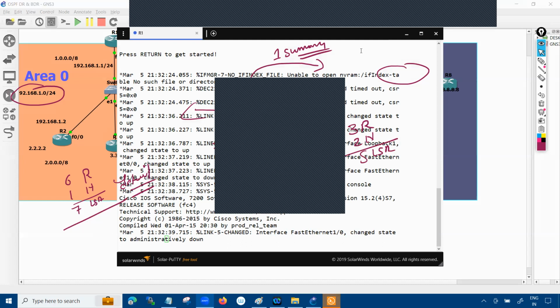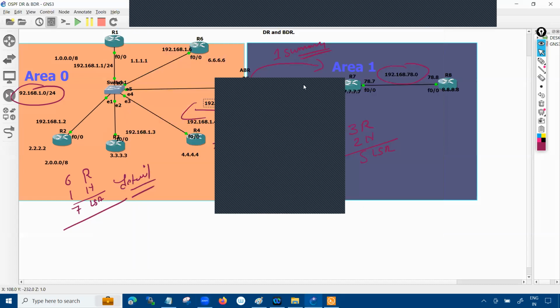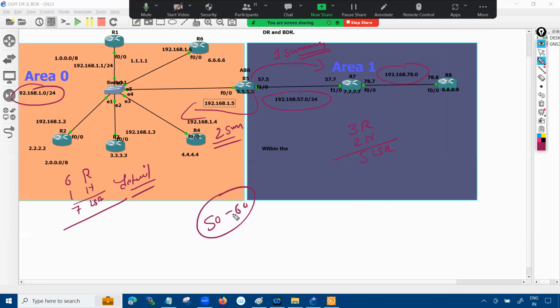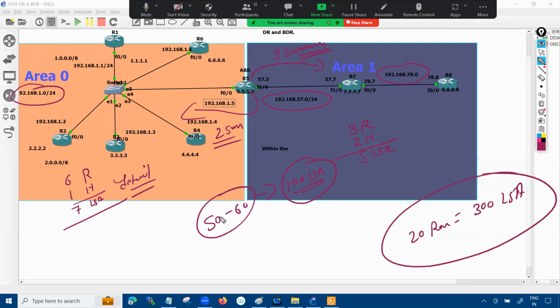Why is it not a correct statement? Because, okay, 50 to 60 routers, fine. Take an example: these 50 to 60 routers consume almost 100 LSAs. But in some other area, only 20 routers are going to contain 300 LSAs.